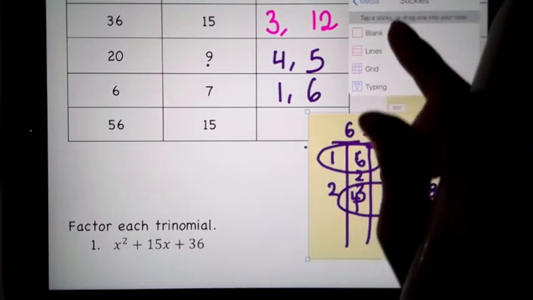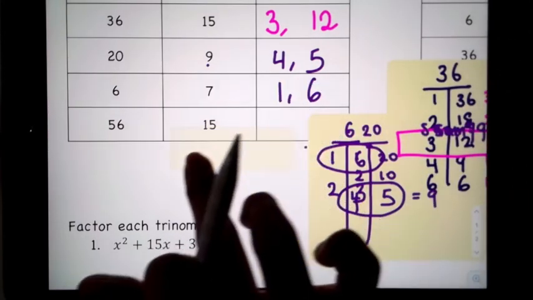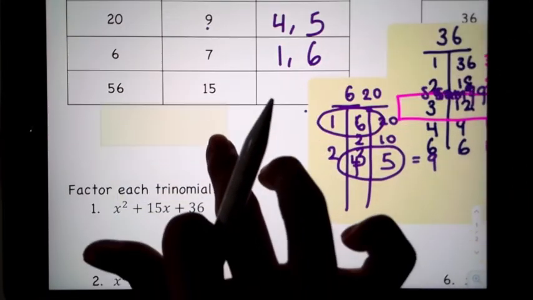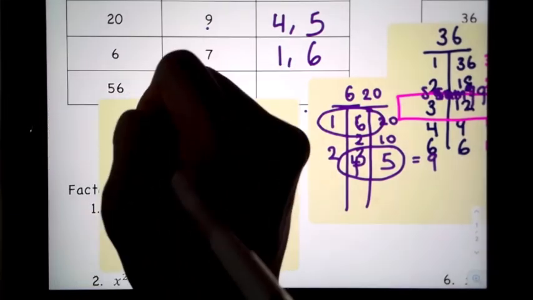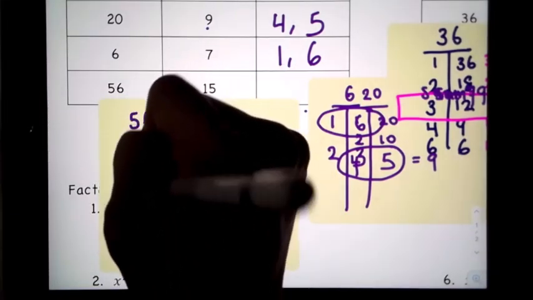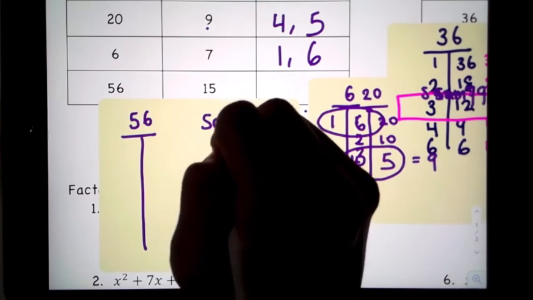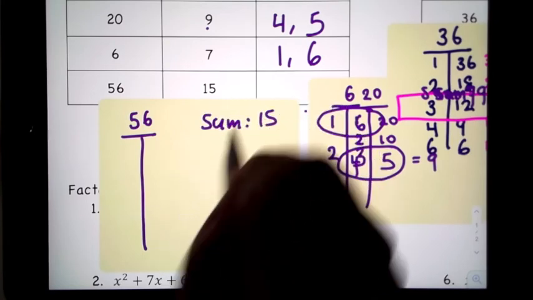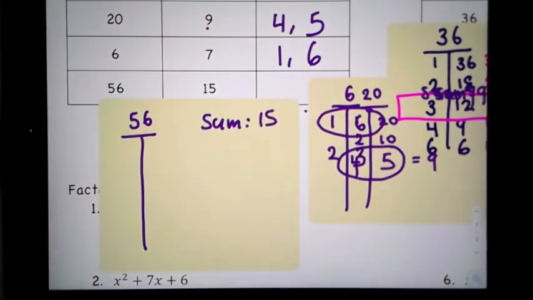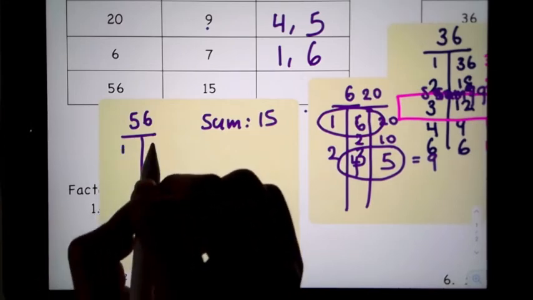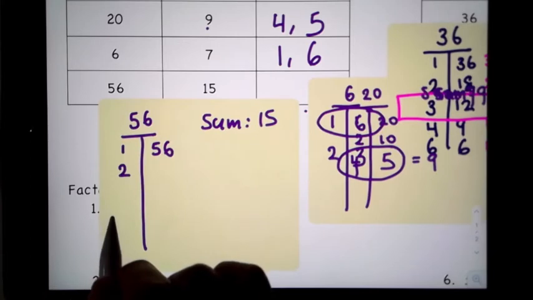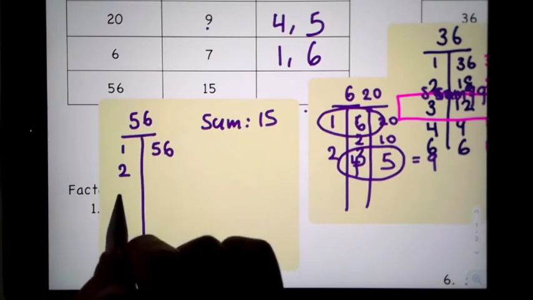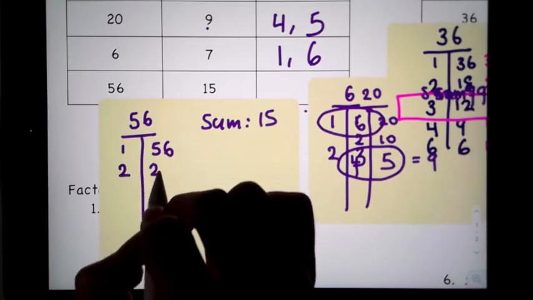And the last one, 56 and 15. So I'm going to break down 56. So 56, and I want to get sum of 15, right? So 56, 1 and 56, and 2, 56 divided by 2, then 2, 28, right?